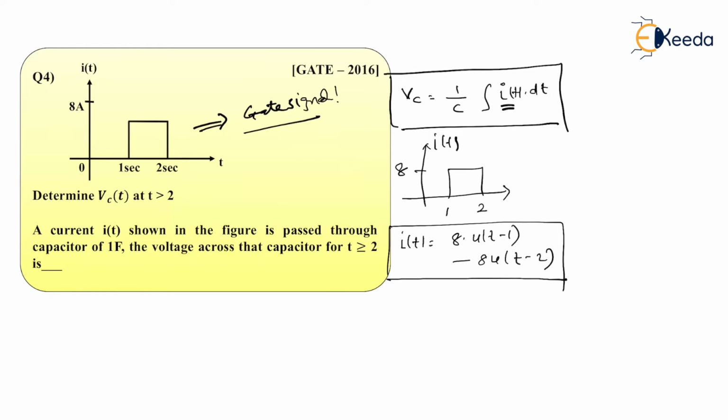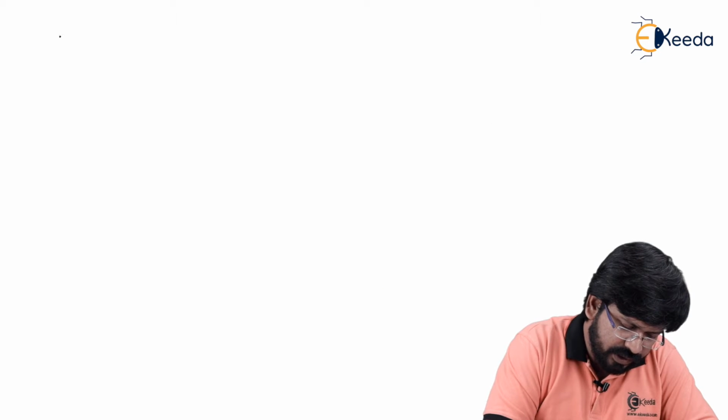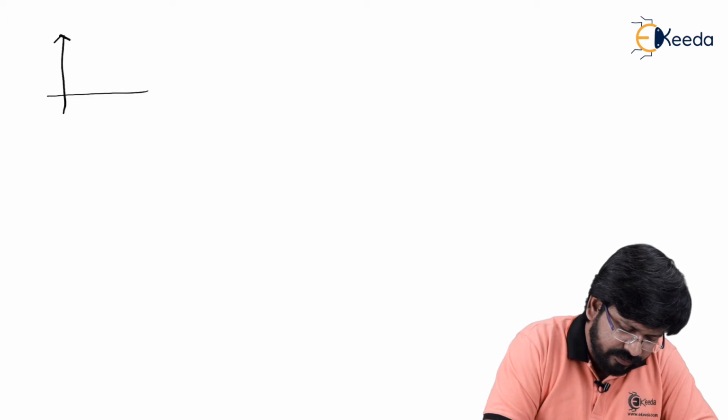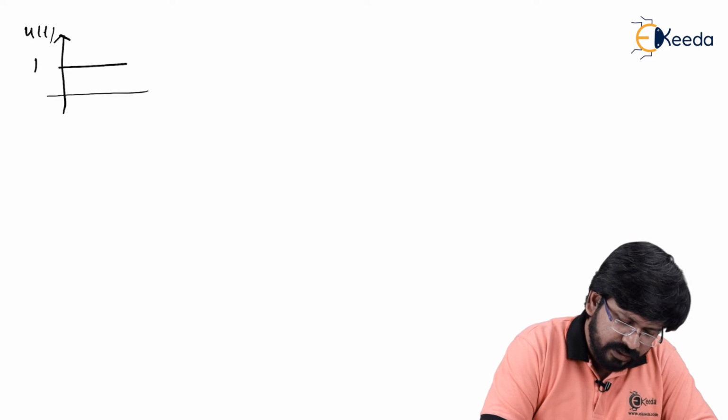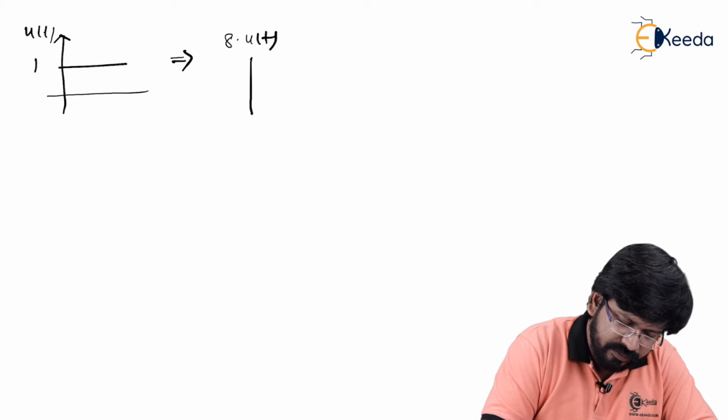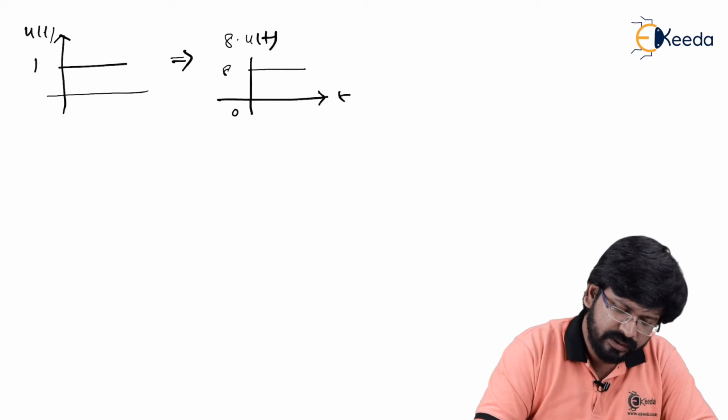You must be wondering how I have written this equation, so I'll make it more elaborate. Try to understand this. This is simply u of t, right? If I say 8 times u of t, what does that mean? The amplitude will become 8. The response remains the same, the amplitude becomes 8.